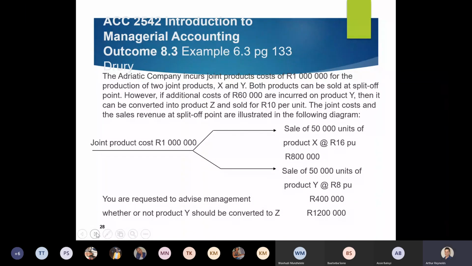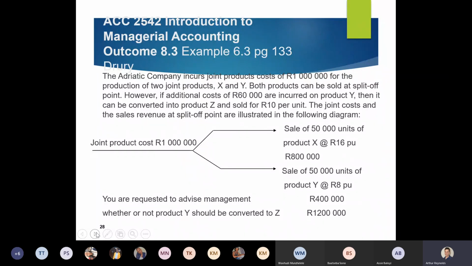Okay, the Adriatic company, this is now another example, incurs joint products cost of 1 million Rand for the production of 2 joint products, X and Y. Both products can be sold at split off point. However, if additional costs of 60,000 Rand are incurred on product Y, then it can be converted into product Z and sold for 10 Rand per unit.